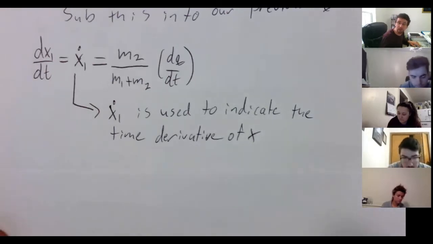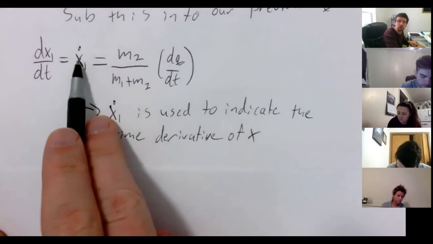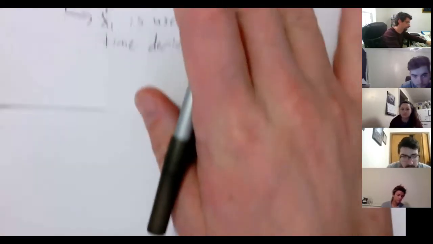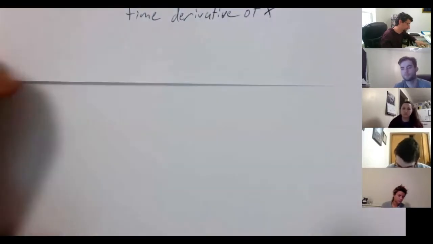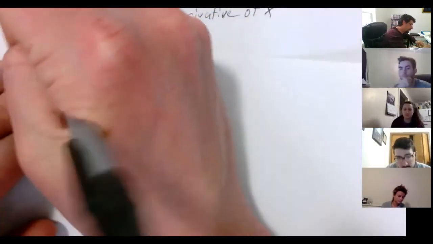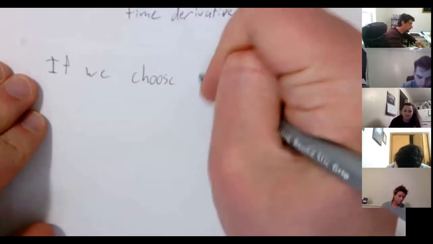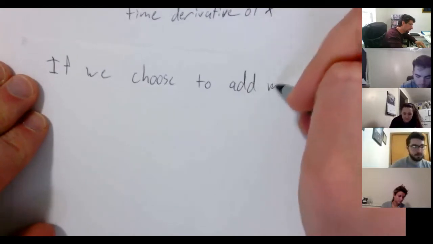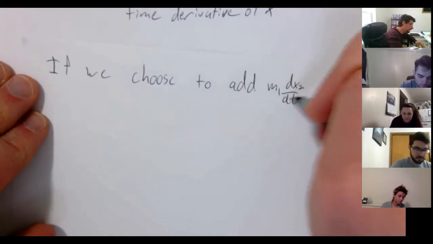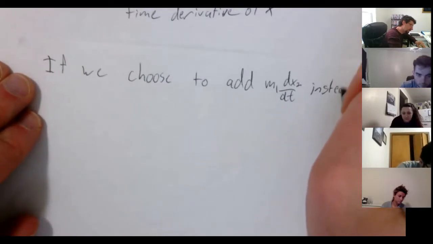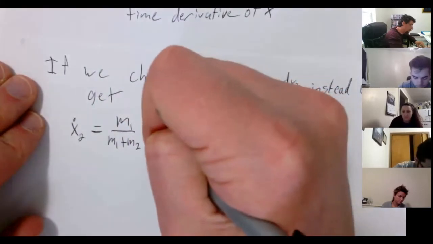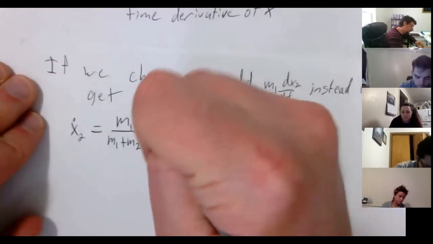Now, if we choose to do it the other way, we choose to look at x sub 2, the change in x sub 2. So if we went back to the original part and we chose to add m sub 1 dx sub 2 dt instead, you get x sub 2 dot is equal to m1 over m1 plus m2 times dq dt.